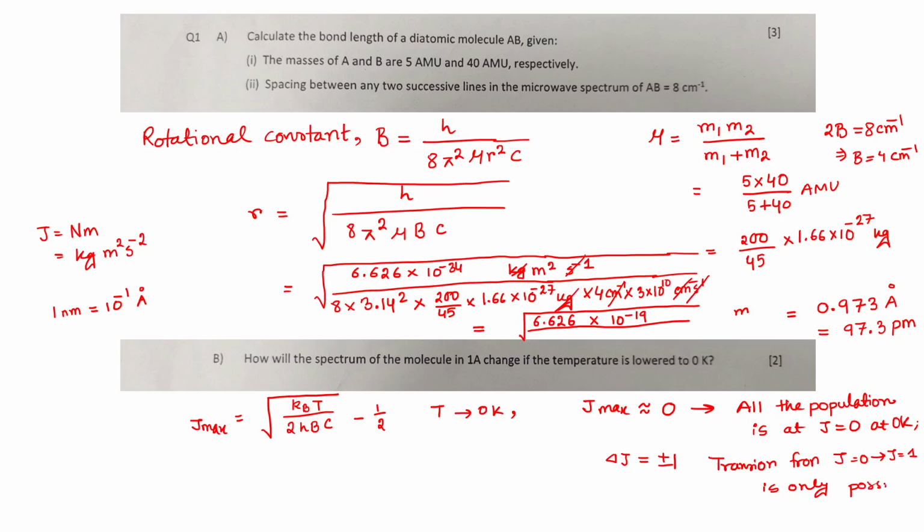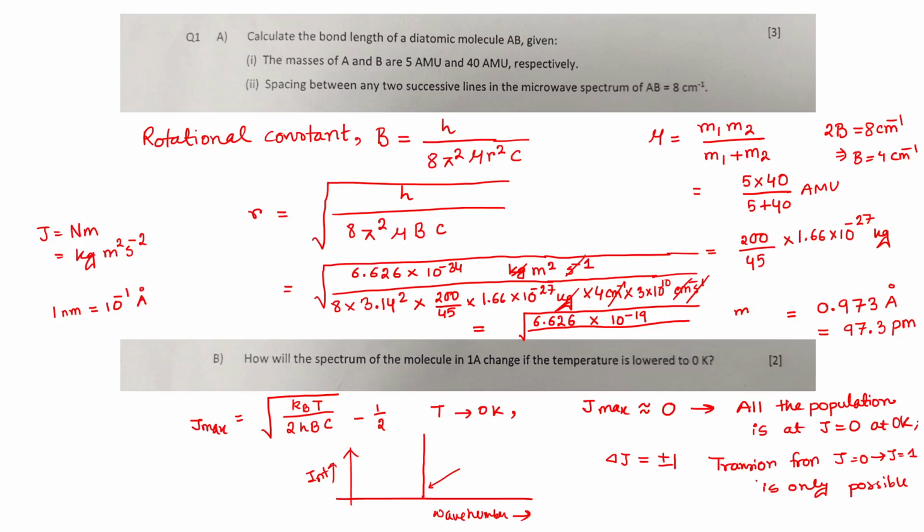And so as there are 2 marks, you have to show one line with respect to wave number or something, intensity versus wave number.